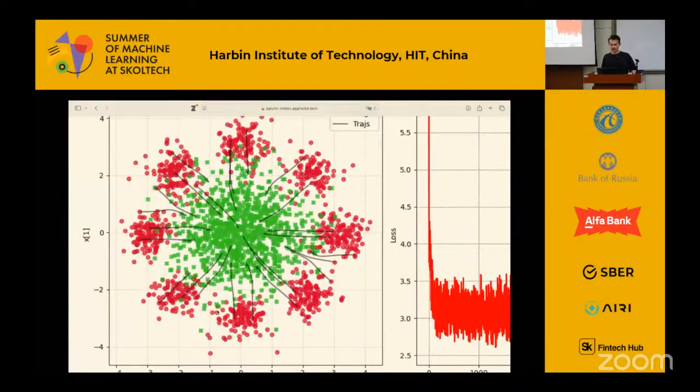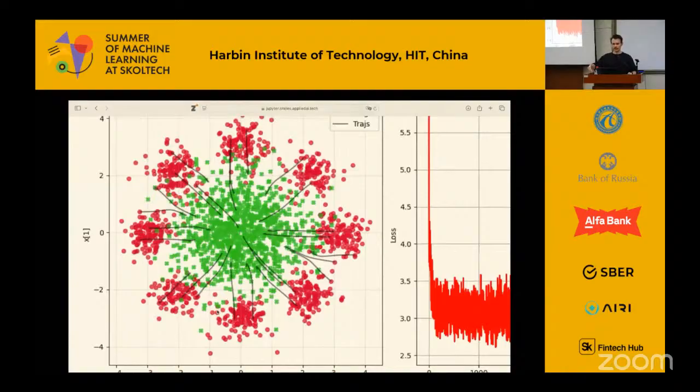Why are non-straight trajectories a problem? Because if you have a straight trajectory of your ordinary differential equation, then ultimately you can numerically solve it by just one step. Basically, the lower the curvature of your ODE, the lower the error of solving this ODE numerically.